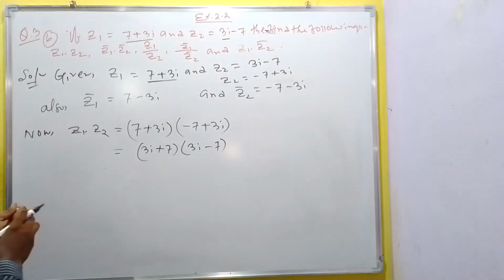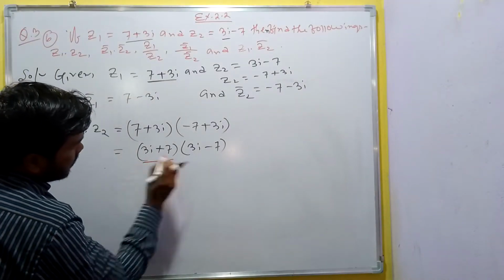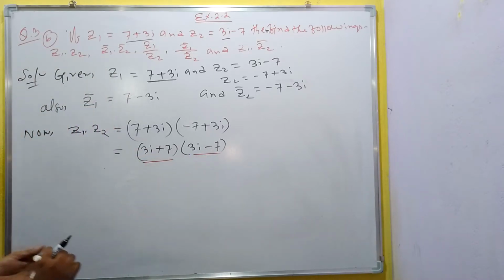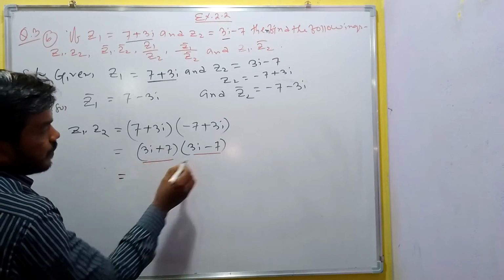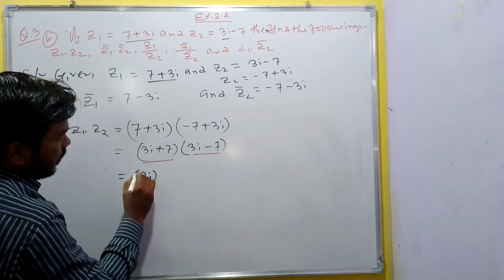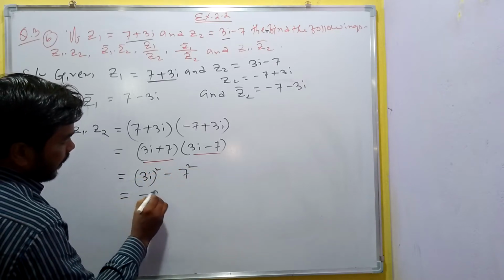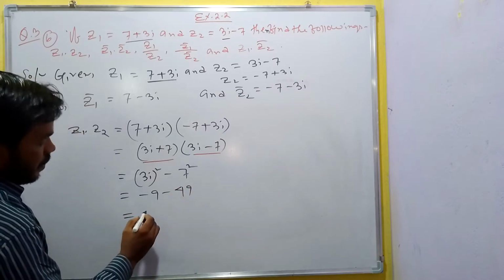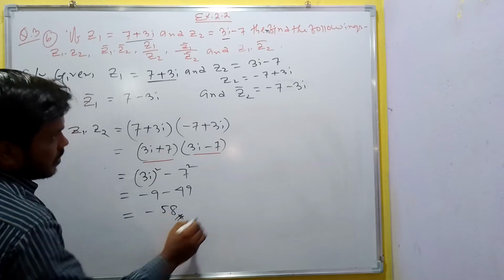Now you can see this one, a plus b into a minus b, so we can write a square minus b square: 3i whole square minus 7 square. So minus 9 minus 49, so we get minus 58. This one is the answer.